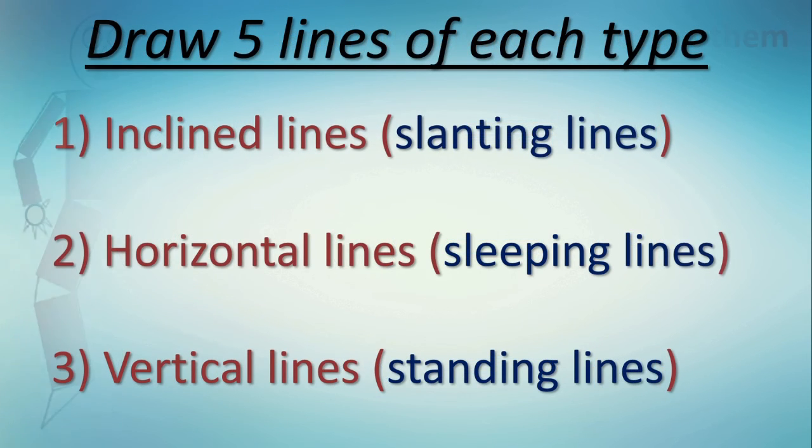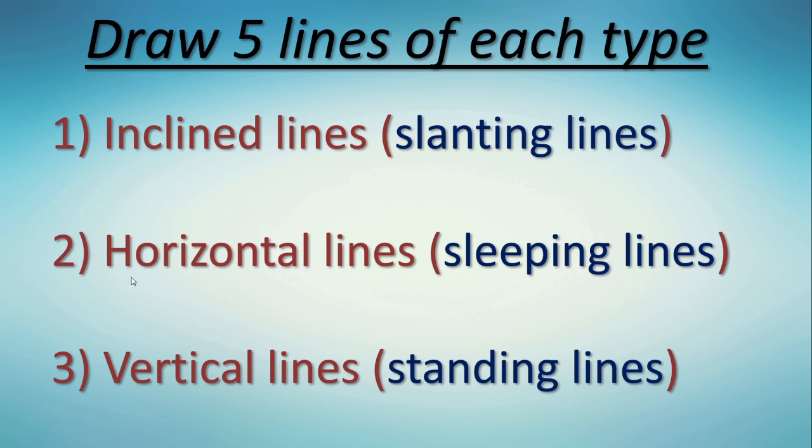Now see here. This is for you. A little assignment. Draw 5 lines of each type. You know different types of lines are there, correct? And you know how to draw these. Am I right? Now what you have to do? You have to draw 5 inclined lines in your notebook or slanting lines, and afterwards you have to name it as inclined lines or slanting lines.